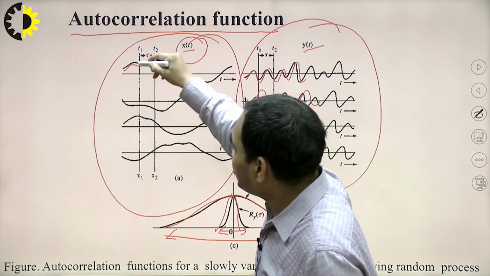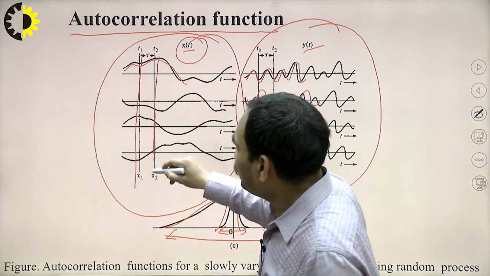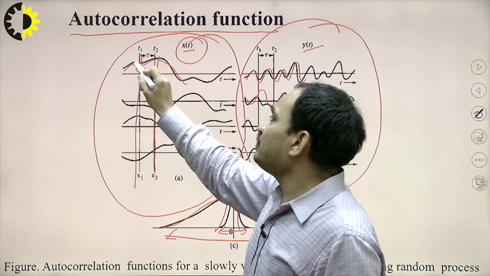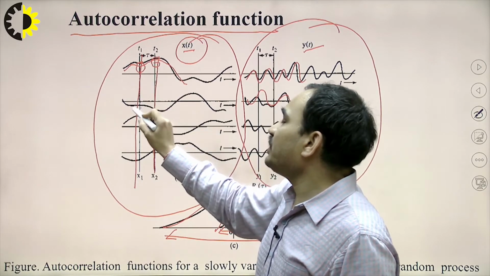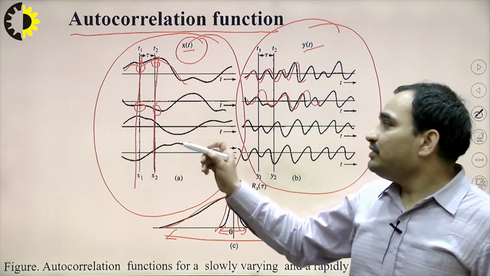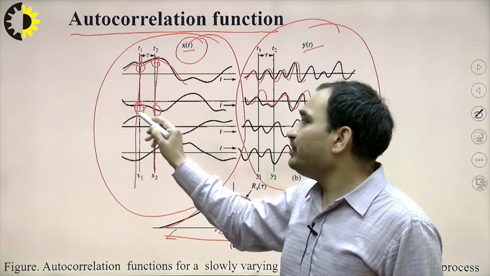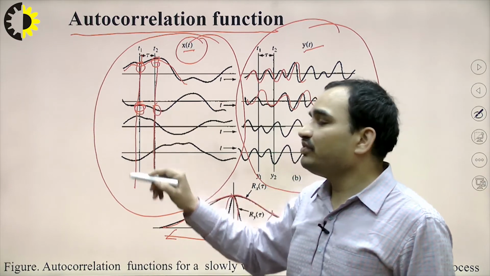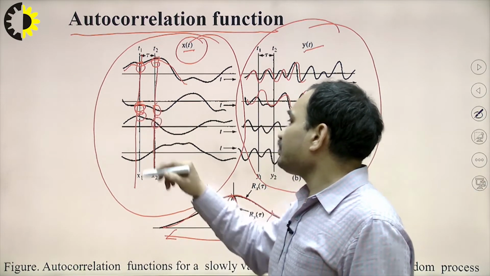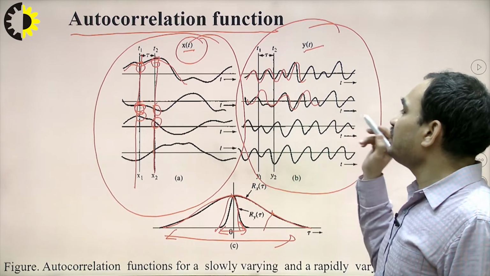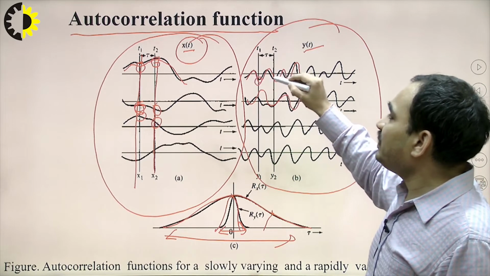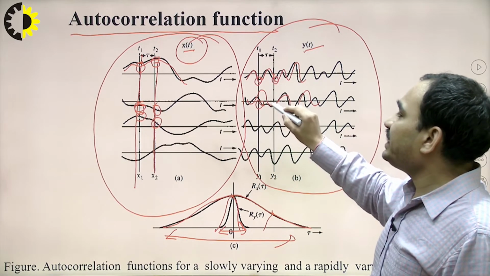In this waveform, t1 and t2 are two different time instants, and we are analyzing the amplitude at these two points. In a slow varying waveform the values are not varying much, meaning the values are approximately the same. But in fast fluctuating signals the values vary very rapidly at two different time instants.